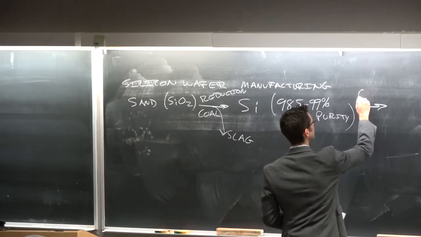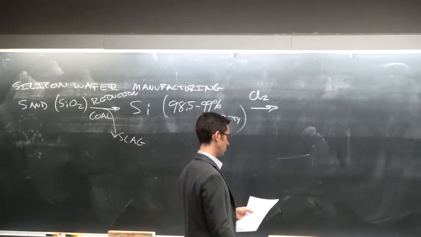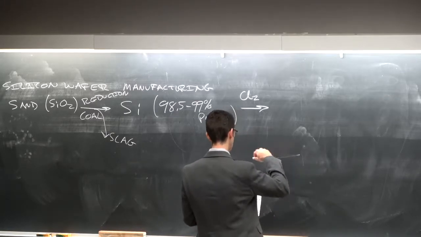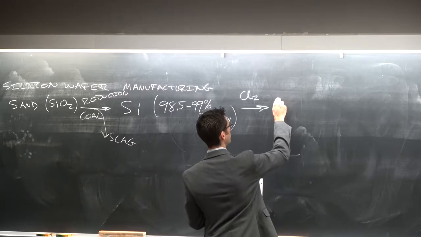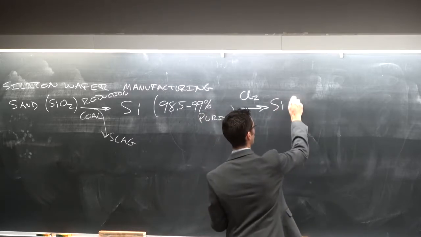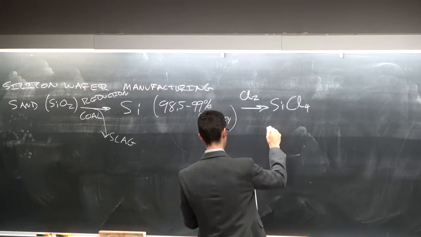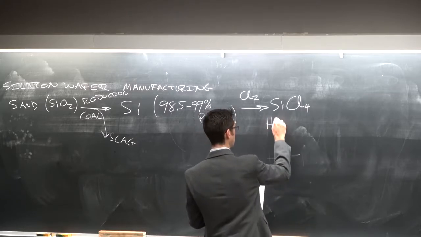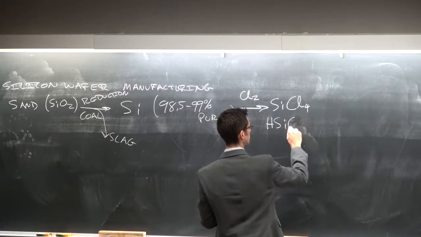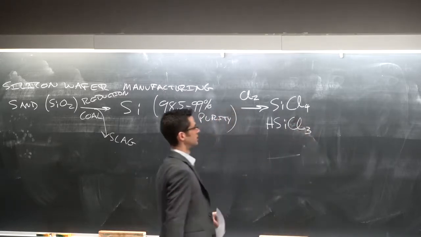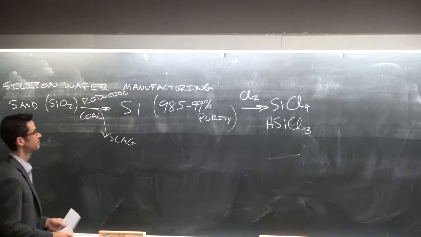So what is done is it's reacted with chlorine to make two volatile small molecules: silicon tetrachloride and trichlorohydrosilane.